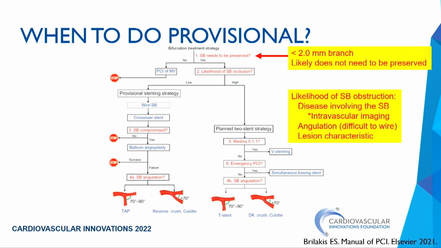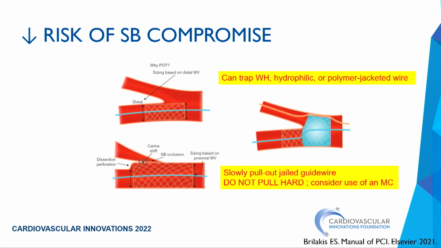The provisional strategy, as I'm sure most people are aware, is you leave a side branch wire in and you stent the main vessel. The best way to avoid downstream side branch obstruction is to prevent that from happening. One of the crucial steps of provisional, and this is a slide from Manos, is sizing the stent appropriately to the distal reference vessel diameter.